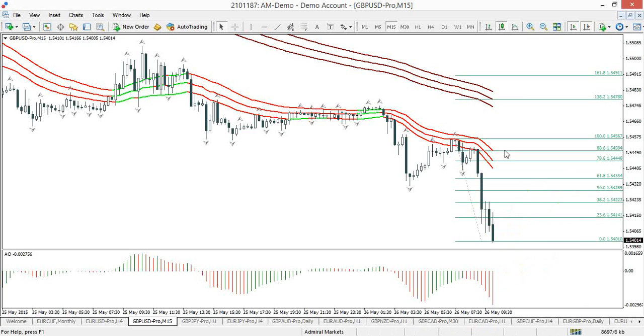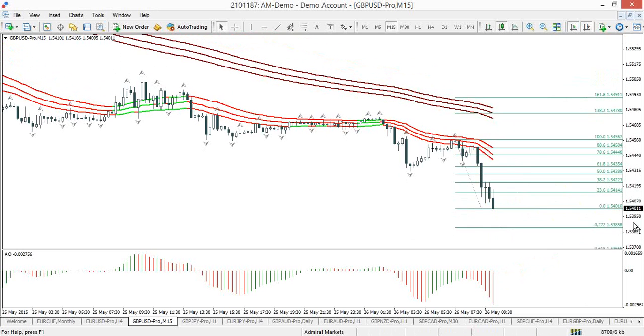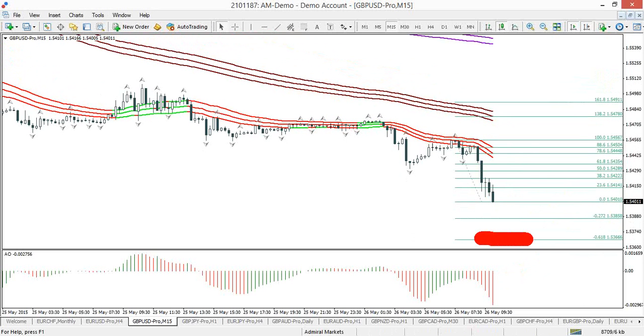So with the stop loss here, entry 154.20, 154.25, around here, and the target 153.50, which is the minus 6D1.8 as well.